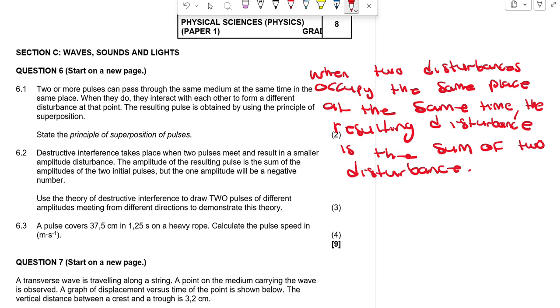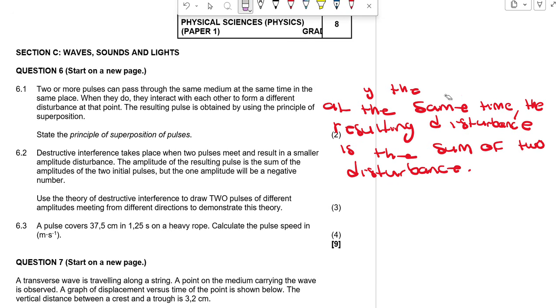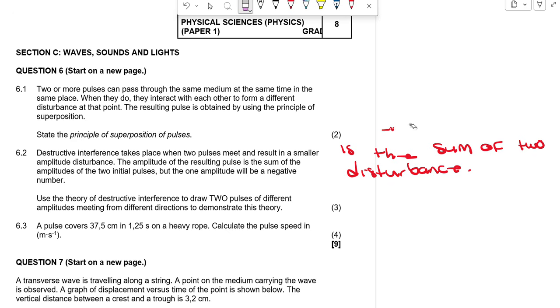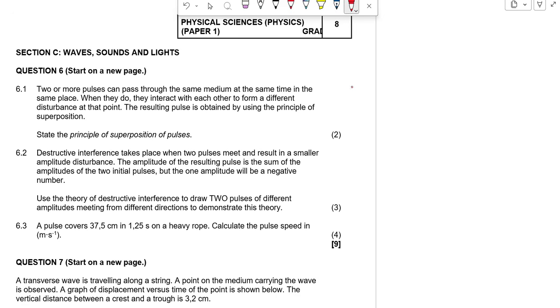Okay? So what we have here is this. Destructive is destructive. Okay, listen, we have constructive.